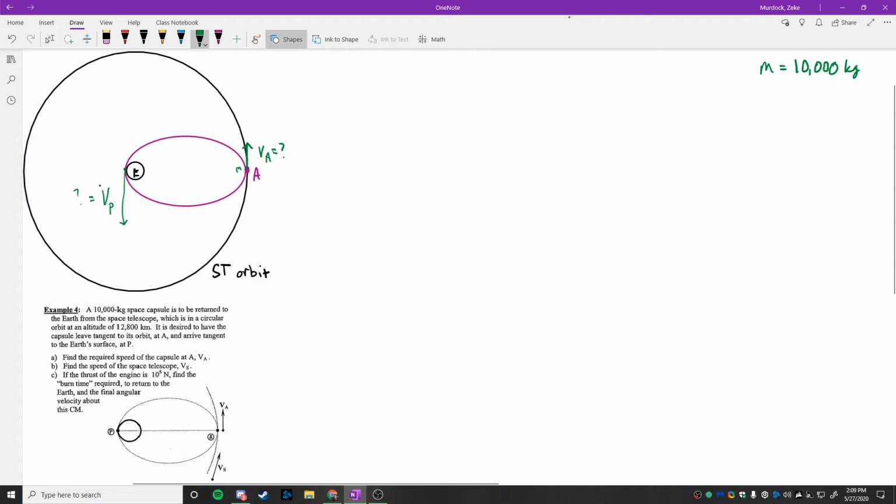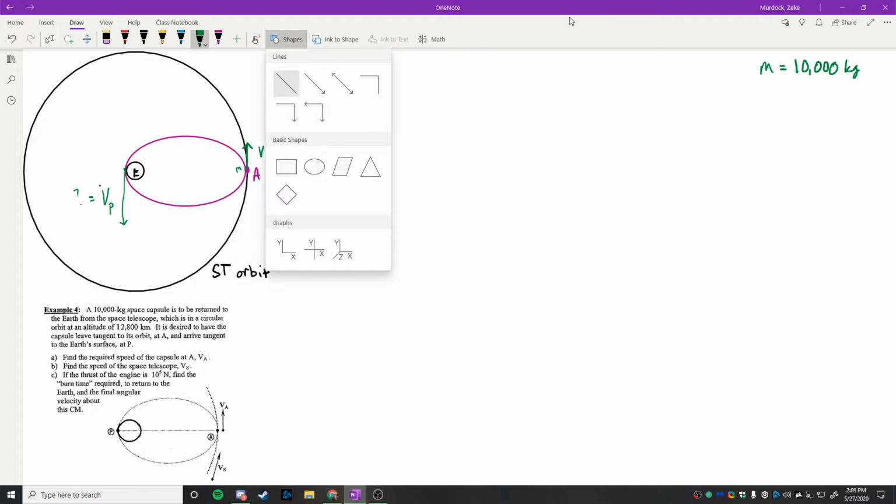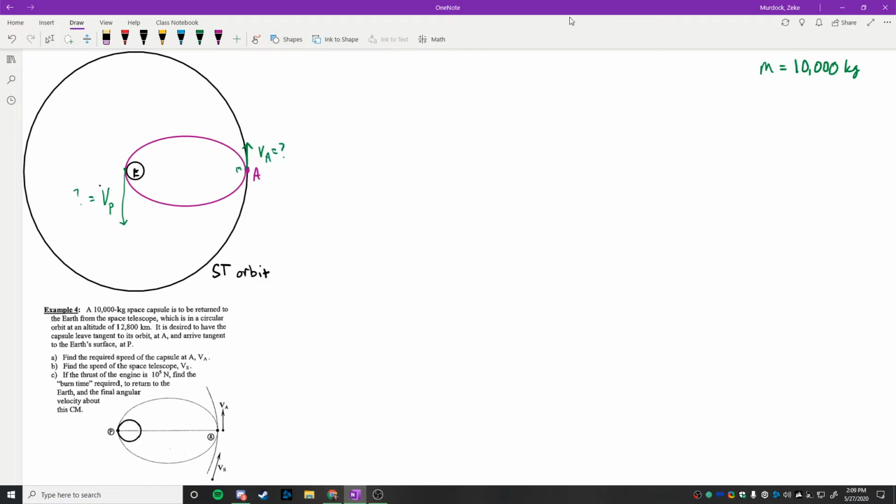So what I want to do now is say, okay, well then there's going to be a line that we can draw from basically the center of the Earth. And that line right there, which goes from the center of the Earth out to point A, I'm going to call that R sub A.